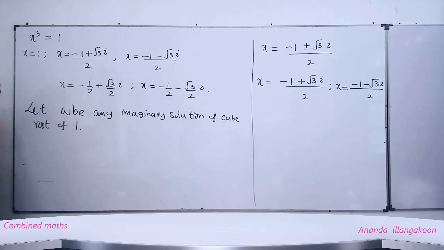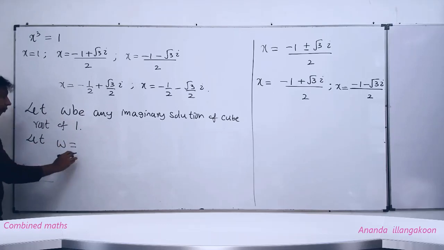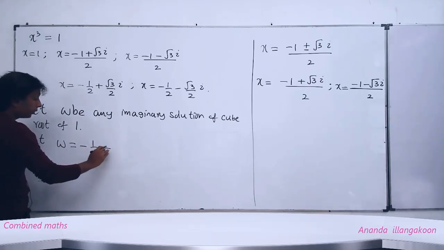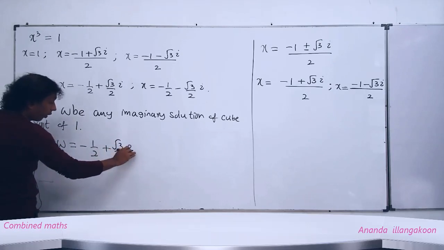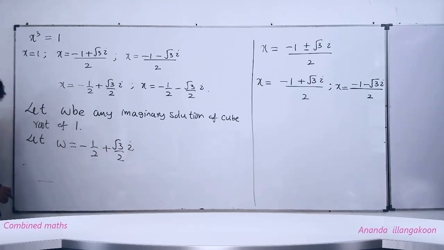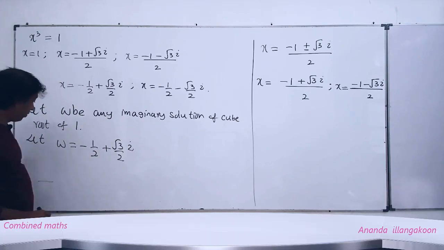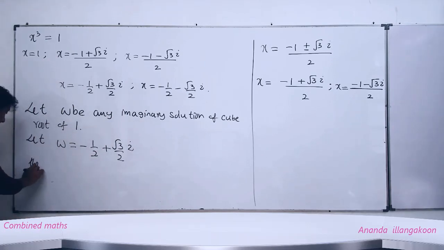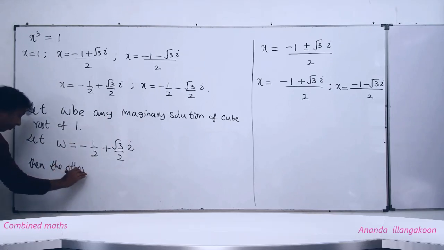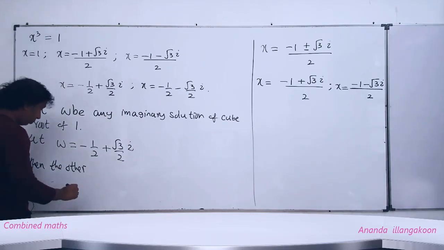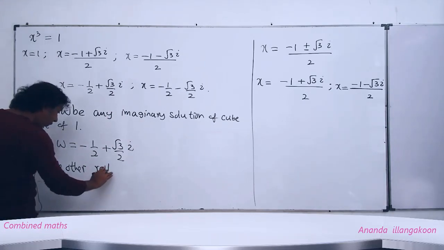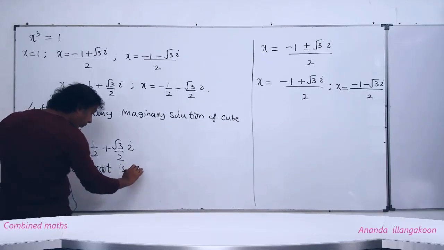Now I take, let, I take this one as our omega: minus 1 plus root 3 by 2 i. Then people, the other one is well obvious, omega bar. Write down then, the other root is omega bar.